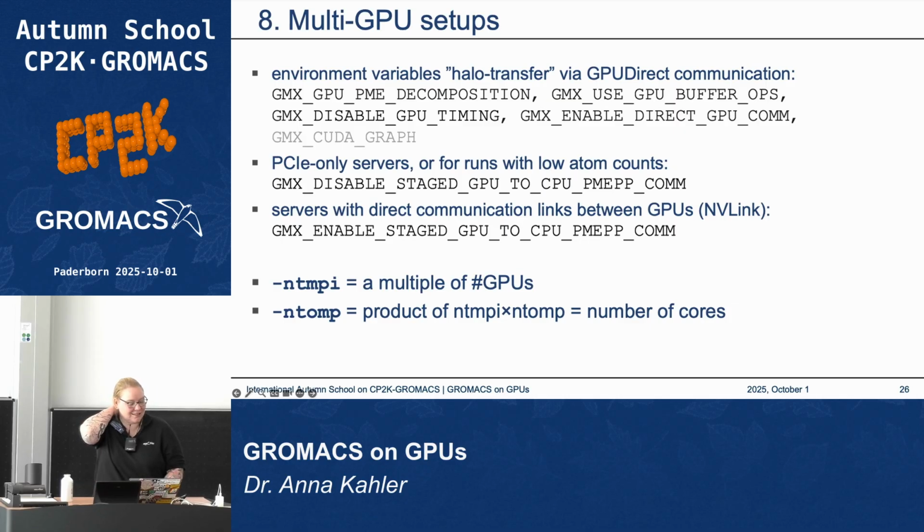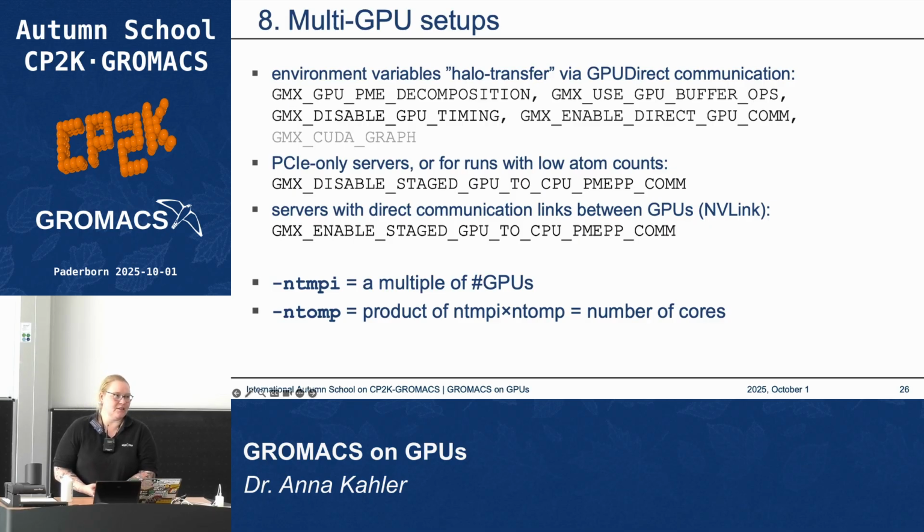So the most important settings are the ones at the bottom, the -ntmpi and the -ntomp. The -ntmpi is set to a multiple of GPUs. So if you have 2 GPUs, you can either set it to 2 or 4 or 8.